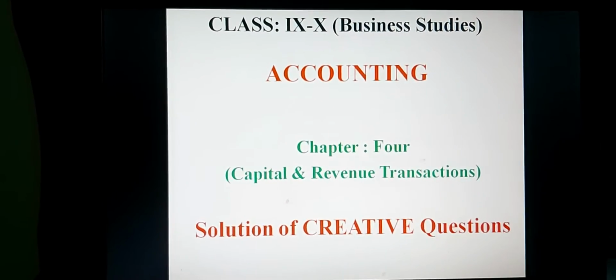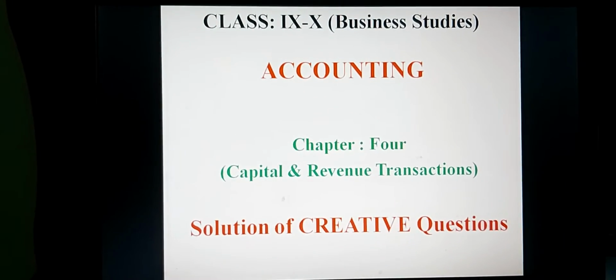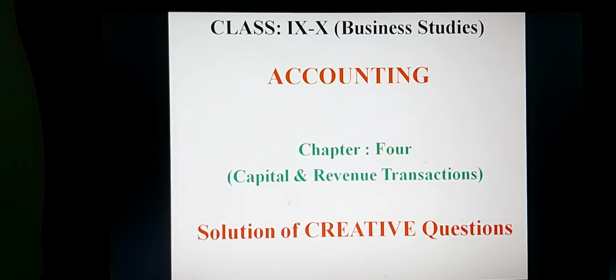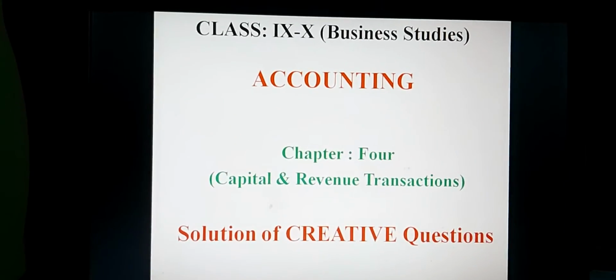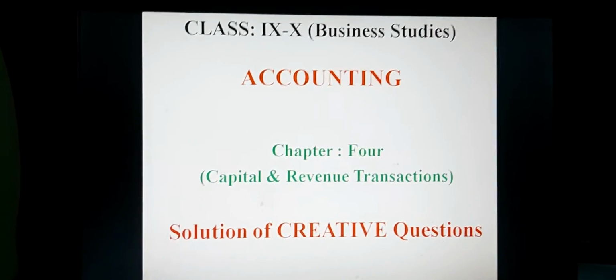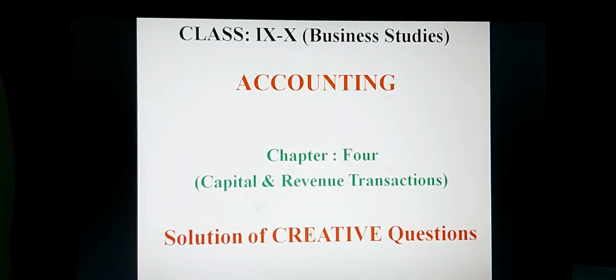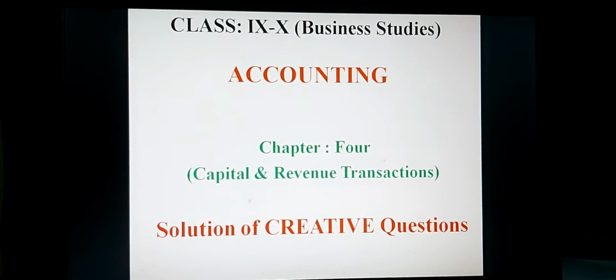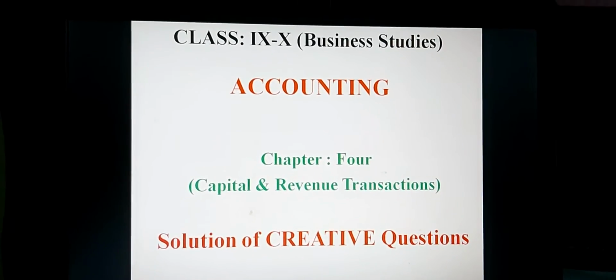Number 2, loan or bank loan taken from a bank or other institution. Number 3, sale of old fixed assets. I think you have understood from my lecture, 3 categories of items are related to capital receipt.